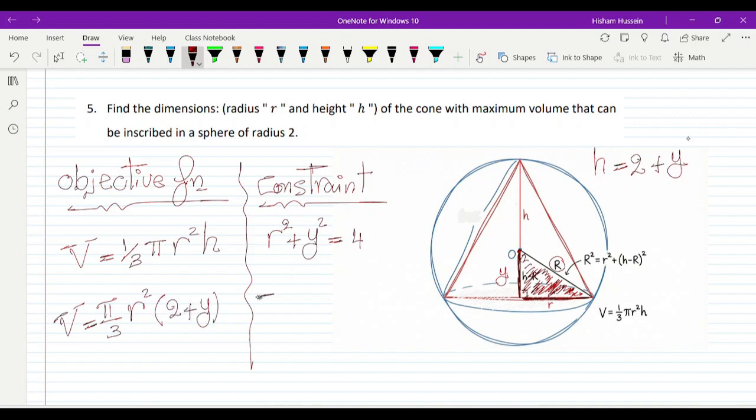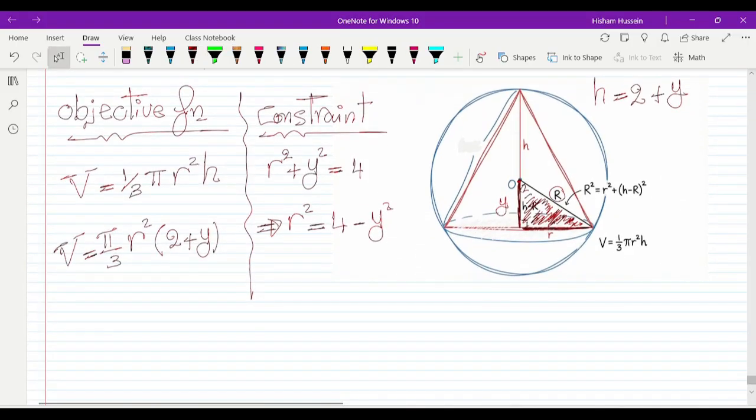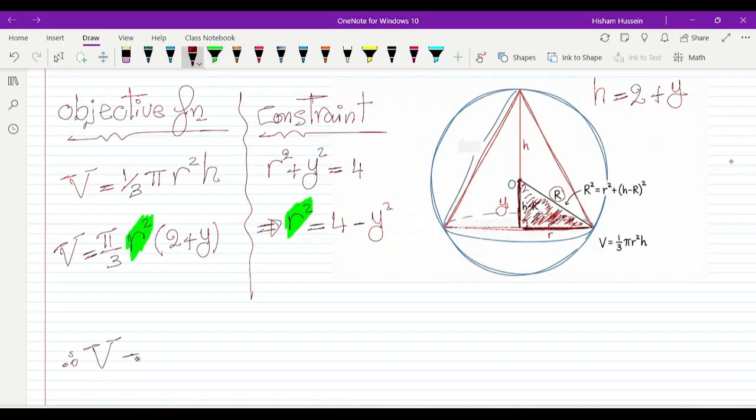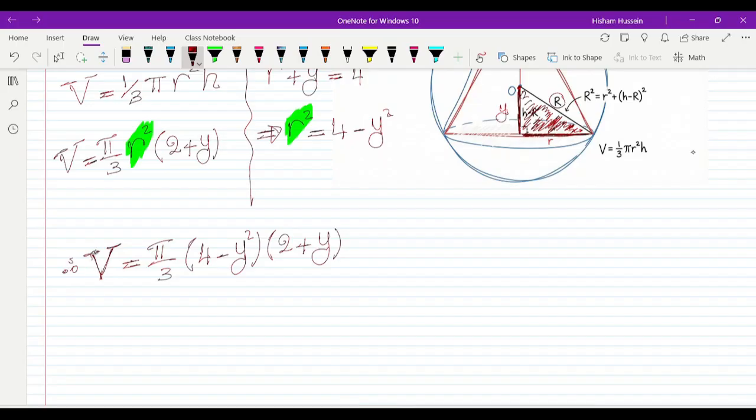And we can rewrite this r square as 4 minus y square. So the volume now will be V equals pi over 3 times 4 minus y square, times 2 plus y. Then we have now the volume as a pure function of y.